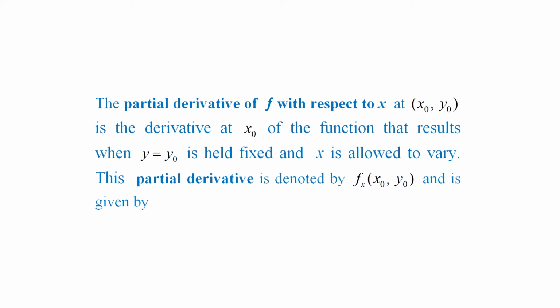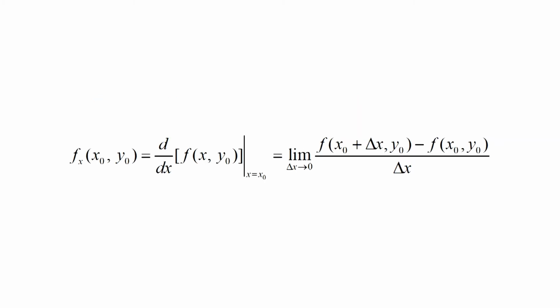This partial derivative is denoted by f suffix x of x naught y naught and is given by f suffix x of x naught y naught is equal to d by dx of f of x y naught evaluated at x is equal to x naught, which is equal to limit delta x tends to 0 of f of x naught plus delta x y naught minus f of x naught y naught all divided by delta x.